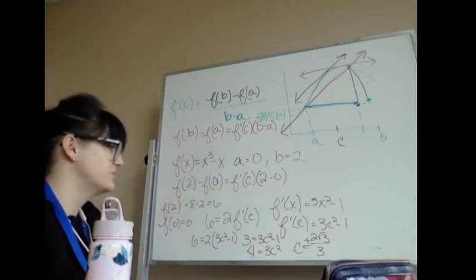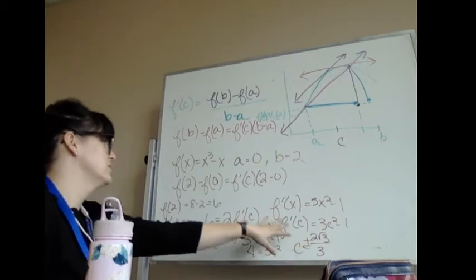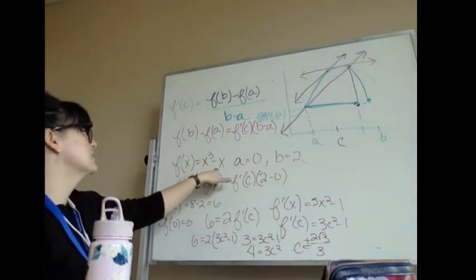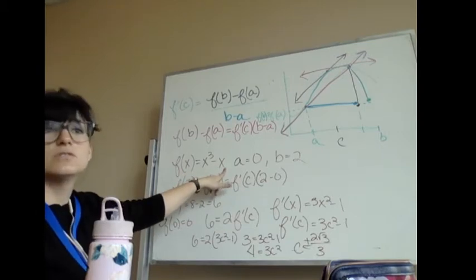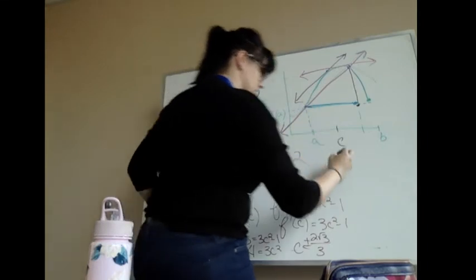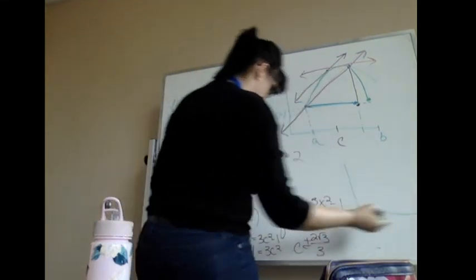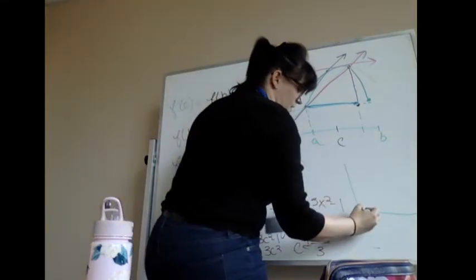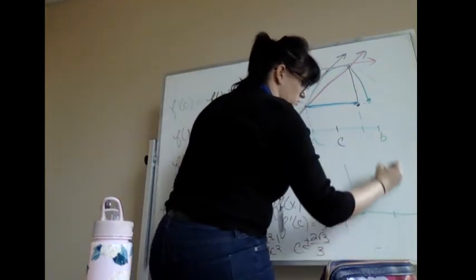And all that's really demonstrating is that at this value, in between 0 and 2, the secant line from 0 to 2. So you have the point 0, 0 and the point 2, 6.